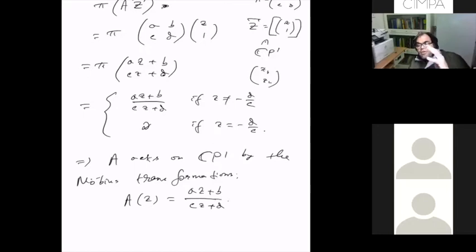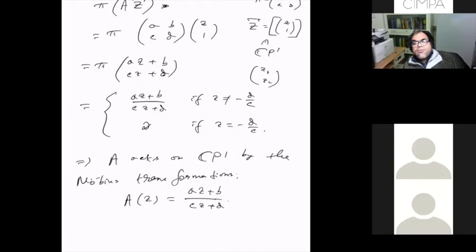So there is essentially no difference between the matrix action and the action in terms of Möbius transformations. All right, so this is the correspondence that we will use throughout from now on.